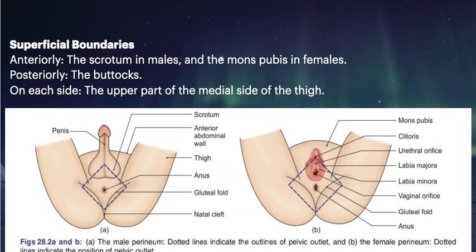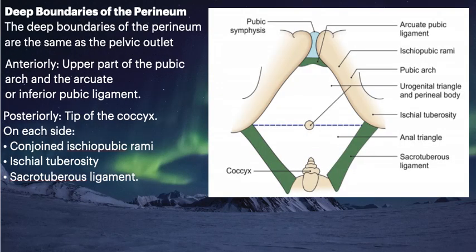Okay, so coming to the deep boundaries of the perineum, after this, this is just superficial. The deep boundaries of the perineum are the same as those of the pelvic outlet. The pelvis will be dealt with in a separate topic, the bony pelvis. You'll understand that better with this.